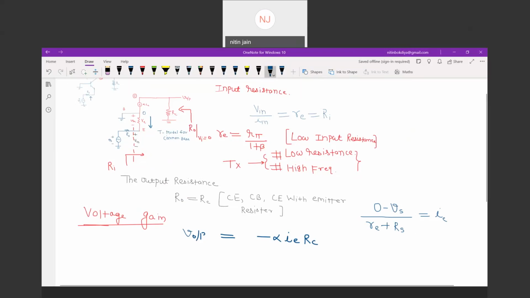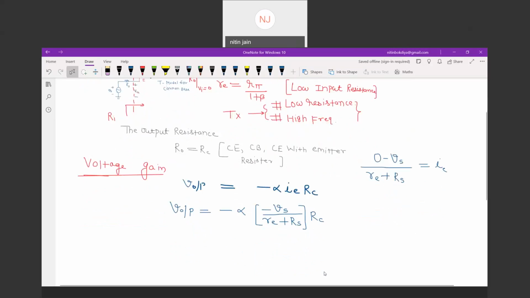Now we can say V output is equivalent to minus alpha into IE, which is minus of VS divided by RE plus RS into RC.